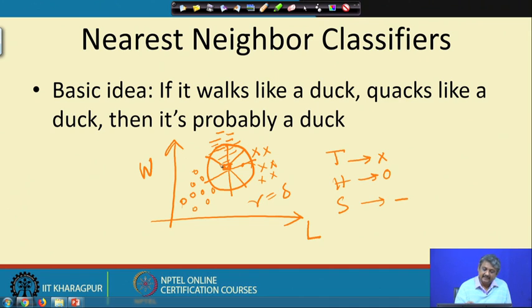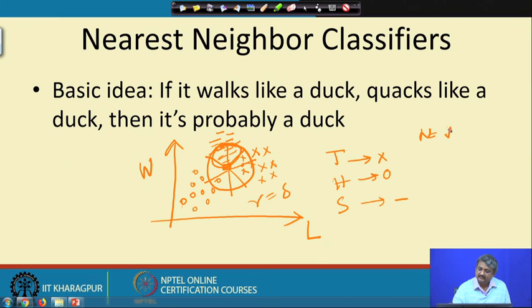And I see among these training points how many of them fall in this circle. Suppose n number of them fall in this circle. I count. So, this falls, this falls, this falls, this falls, this falls, maybe this falls. And see out of this n that fall, how many are tuna?